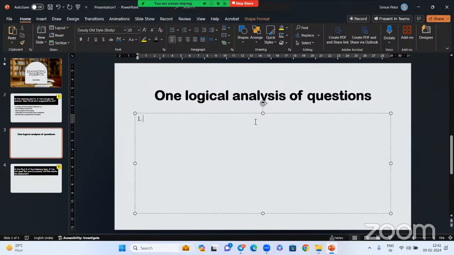Number one, we can label them as five types actually. Extremely easy questions. Second, the easy questions. And then the moderate questions.